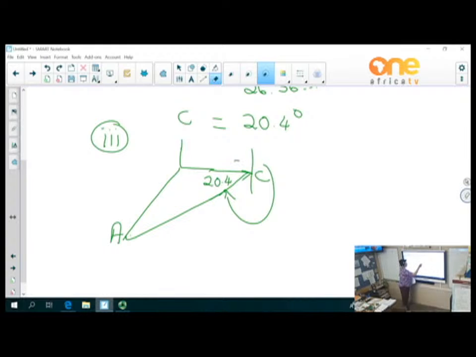Where do you have the 90 there? So I need to get this little one here. Or 270 minus that one. So actually you can say 270, I think this is the shortcut, minus 20.4.